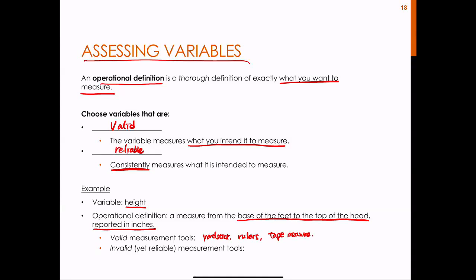These will be reliable if the same person is measuring each participant. Someone can measure more strictly than another person, so consistently measuring the height is important.